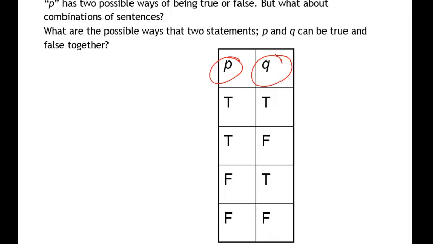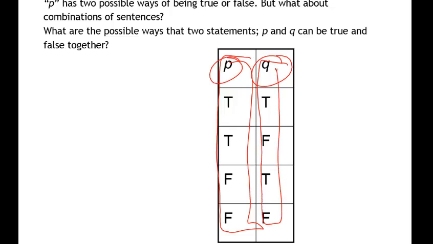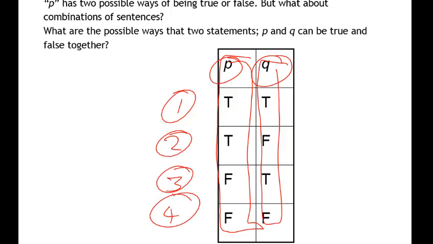Here we have the column falling under P, and it consists of 4 possible truth values, combinations of T's and F's. Let's look at each one of them. We'll label the rows 1, 2, 3, and 4.